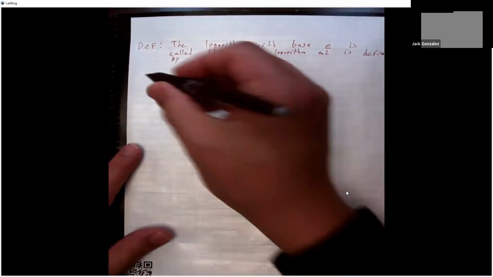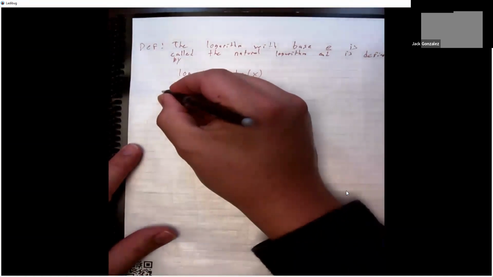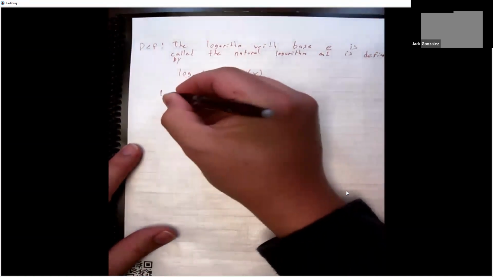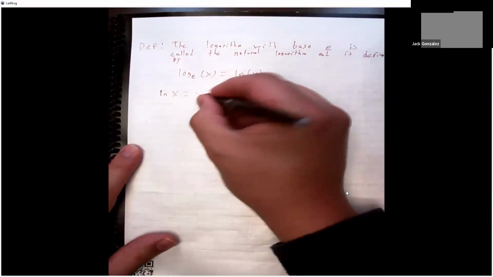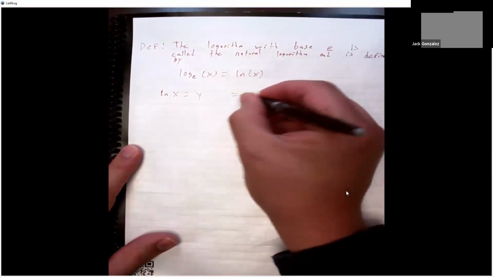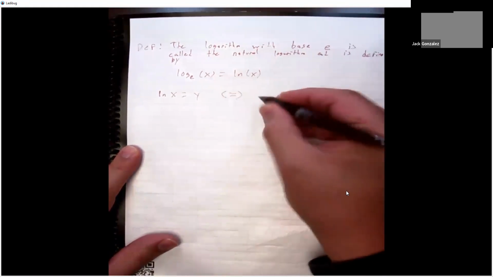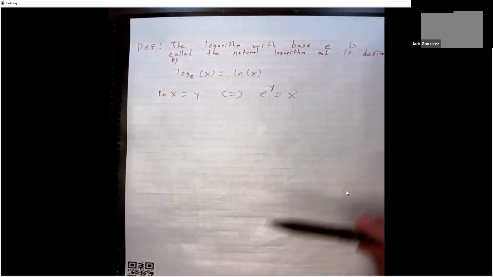And if you were to use the definition on this, ln x equal to y, we would get a transformation to the exponential: e to the y equals x. Right.